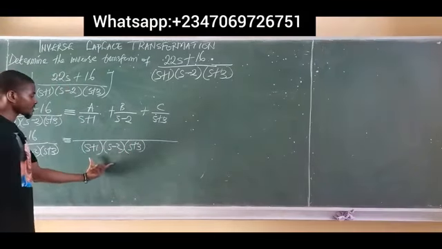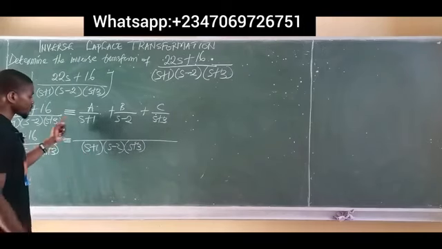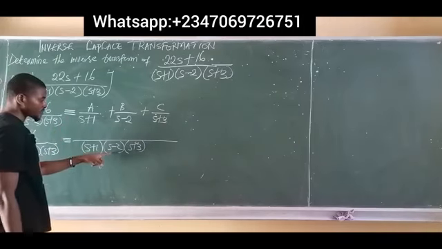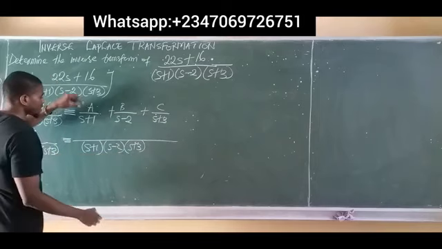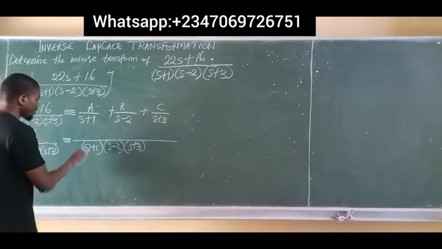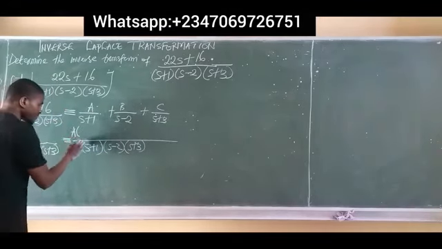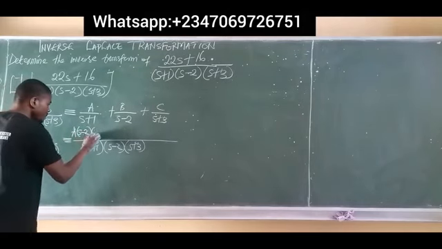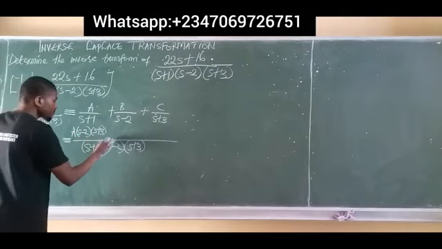Now the whole of this LCM divides s + 1. s + 1 cancels s + 1, so I am left with (s − 2) and (s + 3). Then use that value now to multiply A. It becomes A times (s − 2)(s + 3).